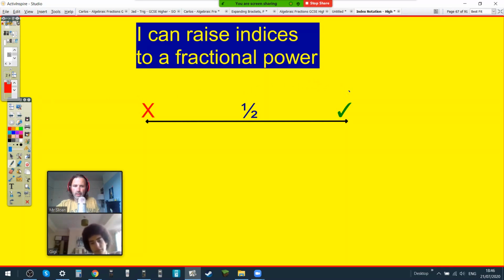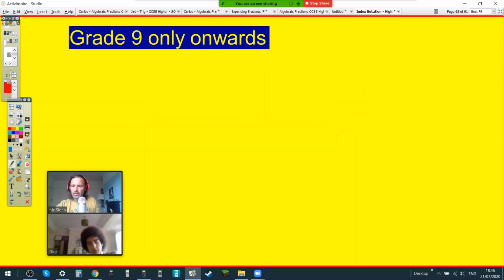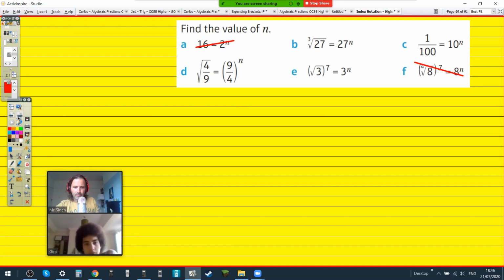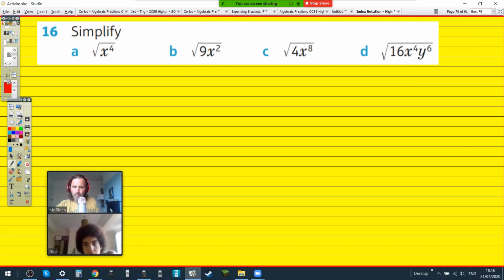I want to use those fractional powers if I can. What's A? Square root of x. x is power of 2.